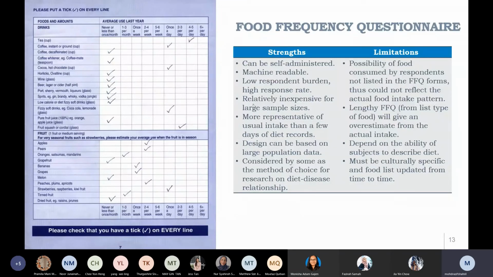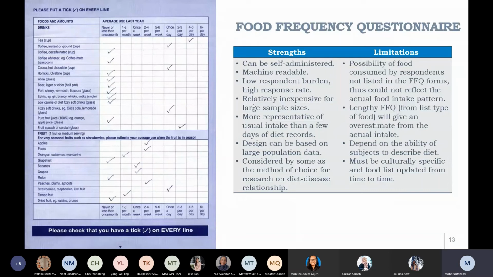So that kind of FFQ is machine readable. We don't have experience in Malaysia yet, but overseas, in America, in the UK, in large cohorts, they use that kind of FFQ. It also has lower respondent burden, and this will increase the response rate.